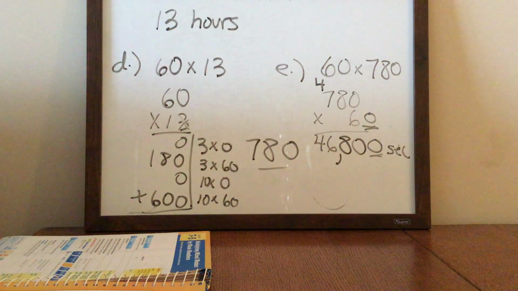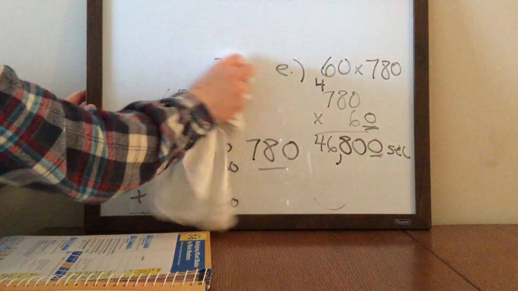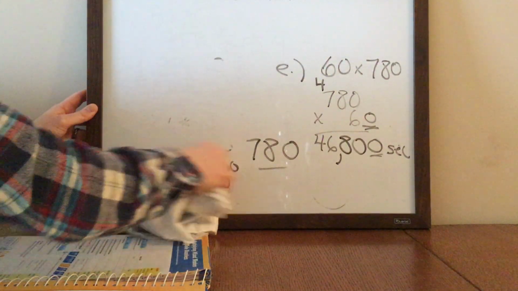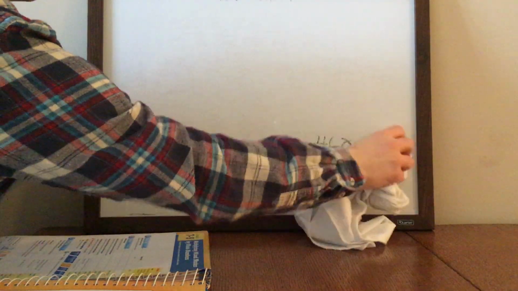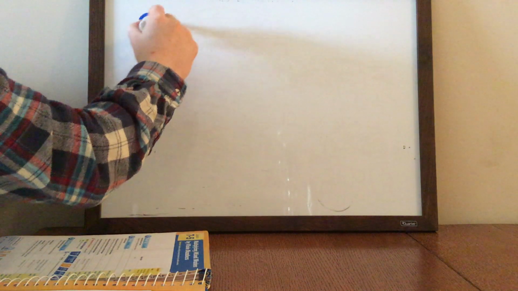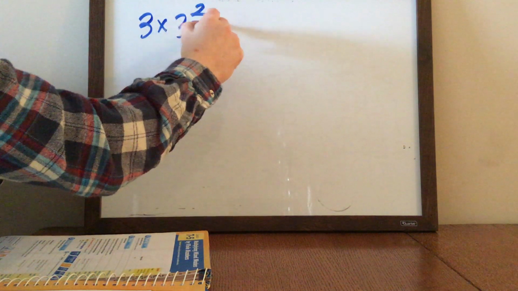So do me a favor, pause the video please, and I want you to try numbers 2 and 3. Hopefully you've tried these, so let's take a look. 3 times 3 and 2/10.